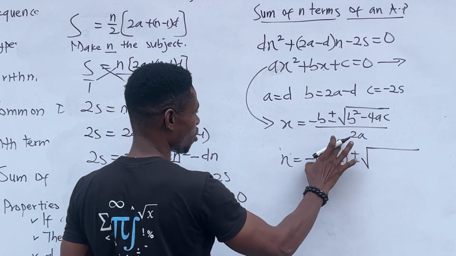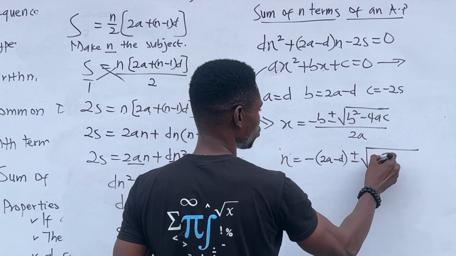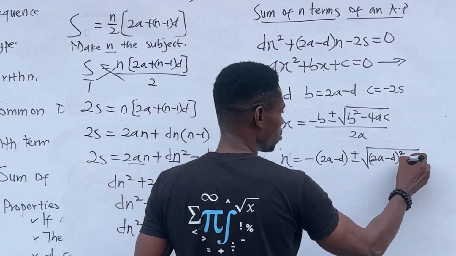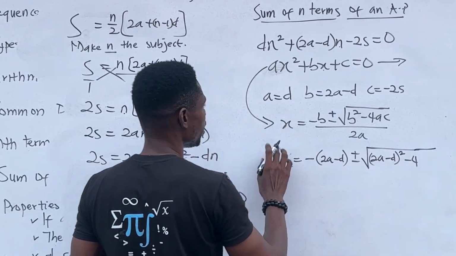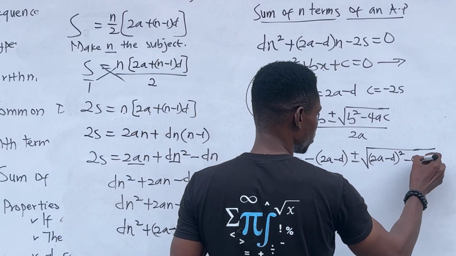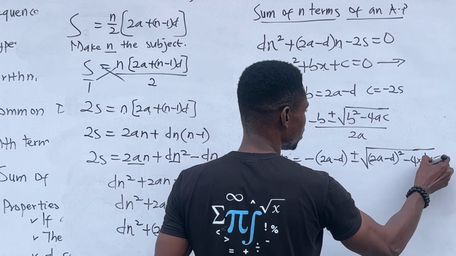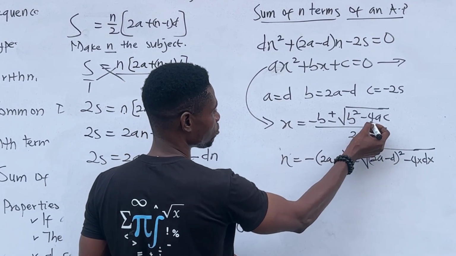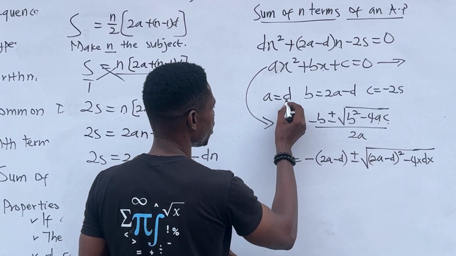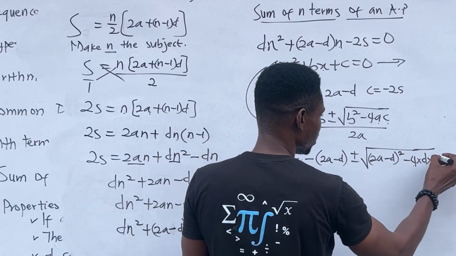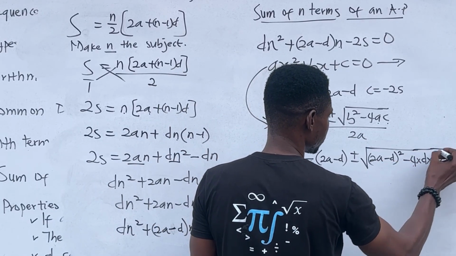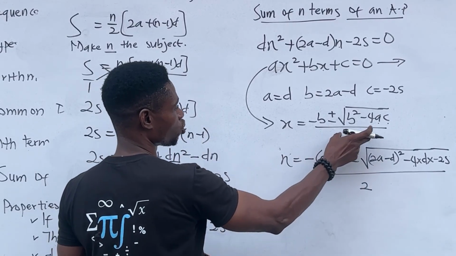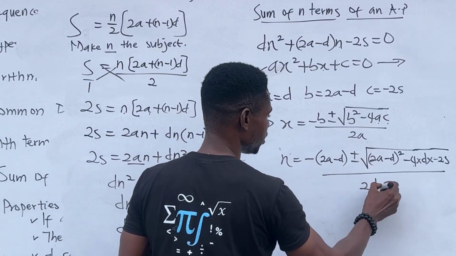What's our b? We still have this as our b, that's (2a minus d) squared, minus 4 multiplied by a. Our a is d now. 4 multiplied by d multiplied by c, and our c is minus 2S, all over 2a. All over 2a, so our a in this case is d.